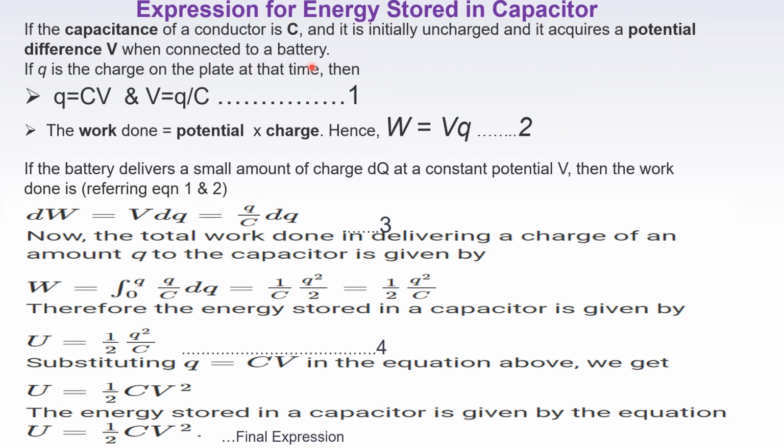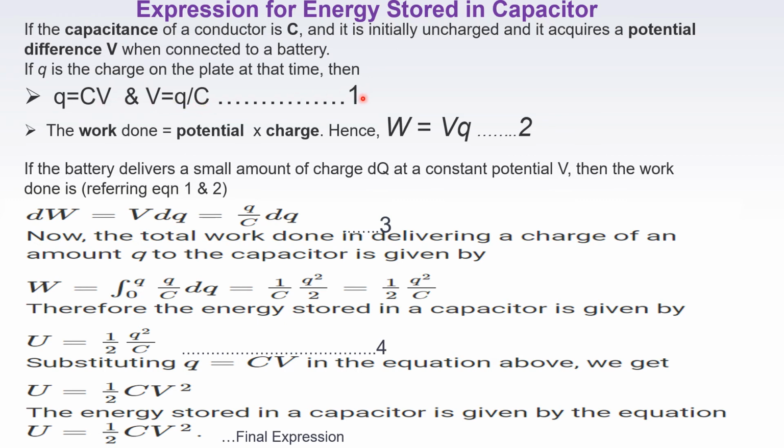So when capacitor is connected to battery, assume it is initially not charged, it will start charging. If Q is the charge on the plate at that time, then Q is equal to CV, that we have seen already, and V is equal to Q by C.